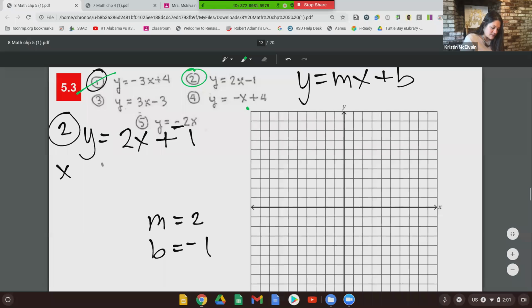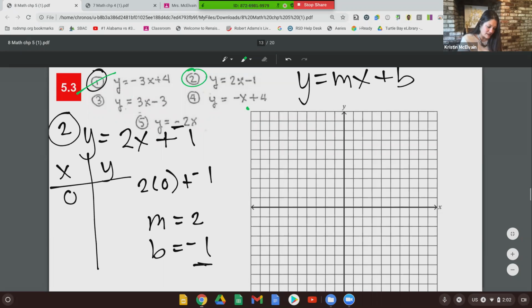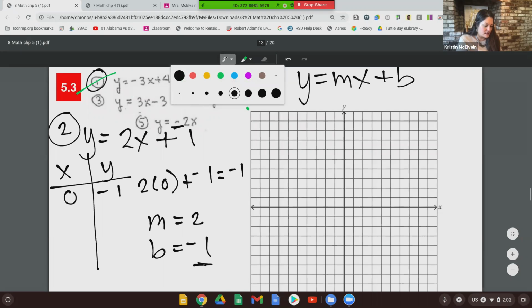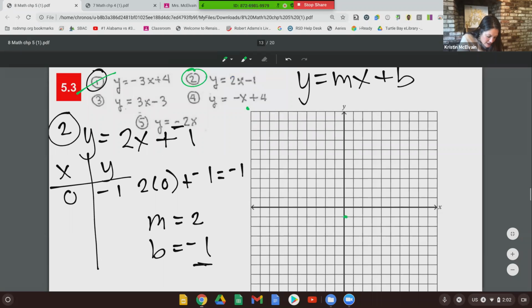My xy table goes like this. Why do I always do 0 for my first x? Well, it gives me my y-intercept, and it should be my b. So if I put in 2 times 0 plus -1, that's going to equal -1. So that's my first point, 0, -1, right here.